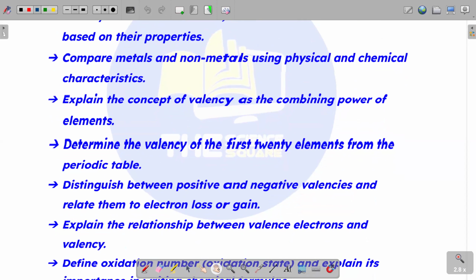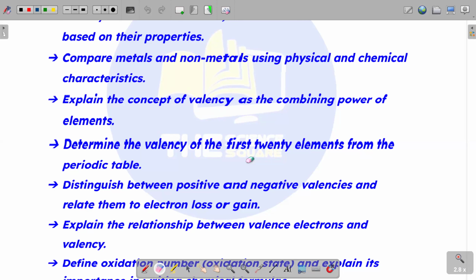Also, you should be able to distinguish between positive and negative valencies and how they relate to electron loss and electron gain. You should be able to explain the various valencies that exist for various elements or atoms of elements. Be able to explain the relationship between valence electrons and valency.